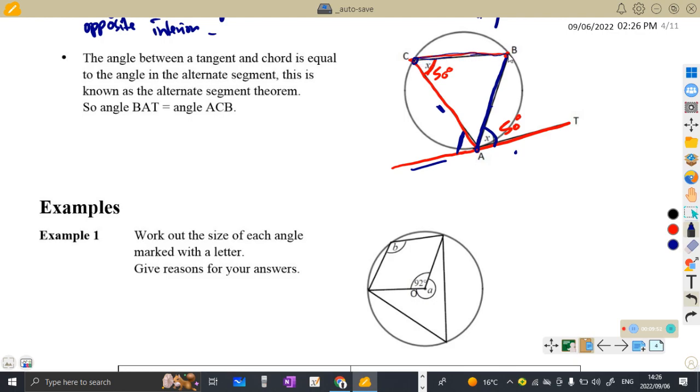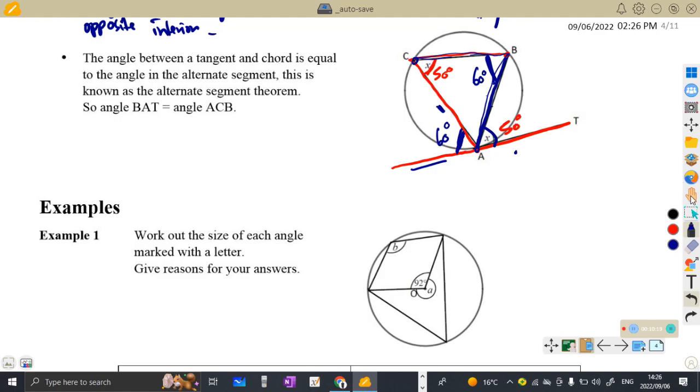The chord AC is creating an angle at the circumference at B. So this angle at B is the same as this angle at C. So maybe this is 60 degrees, this will be 60 degrees. That is the concept. So the angle between a tangent and a chord is equal to the angle in the alternate segment, or the opposite segment. They are actually equal.